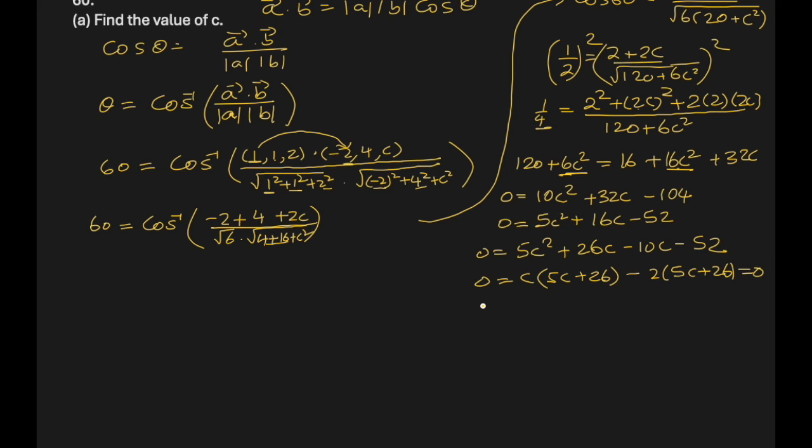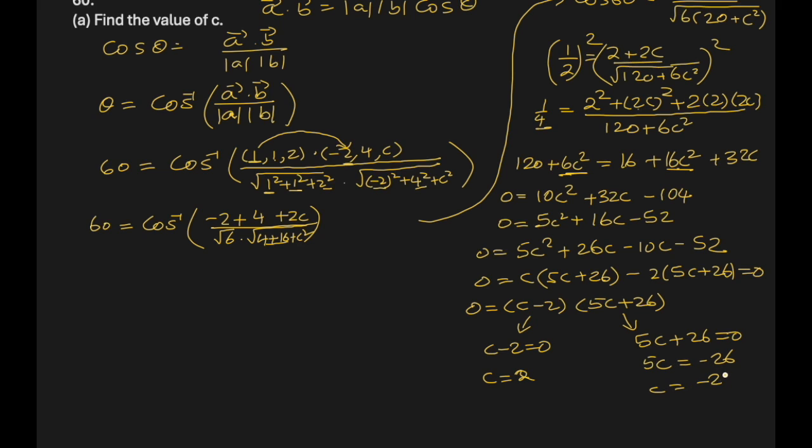Okay, so 0 equal to C minus 2, 5C plus 26. So this gives me C minus 2 equal to 0, which is C equal to 2. This gives 5C plus 26 equal to 0. 5C equal to negative 26, C equal to negative 26 over 5.